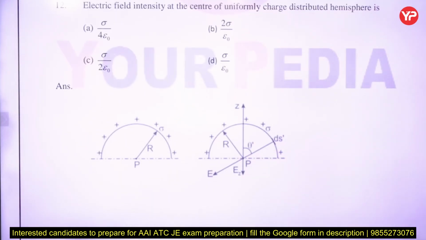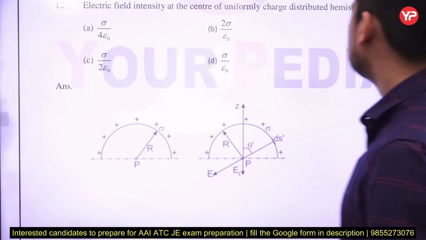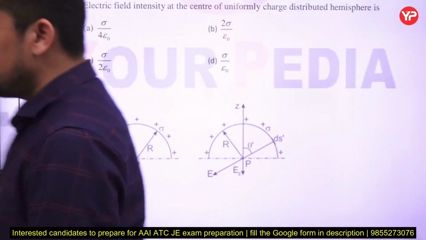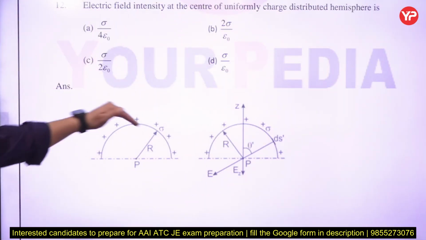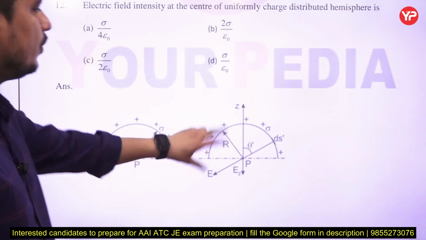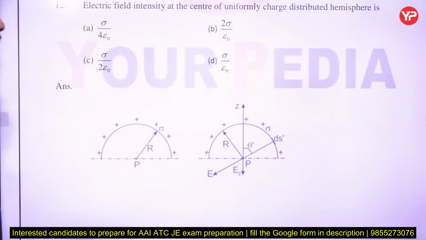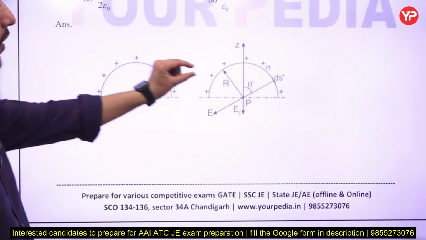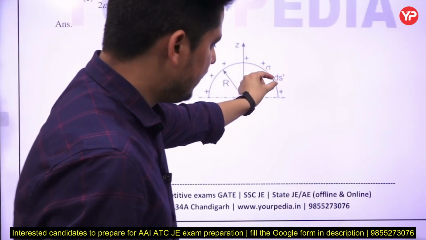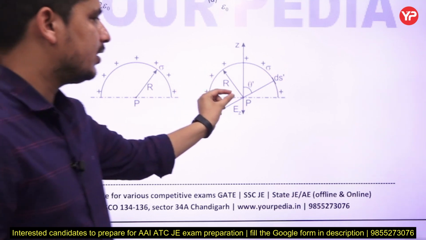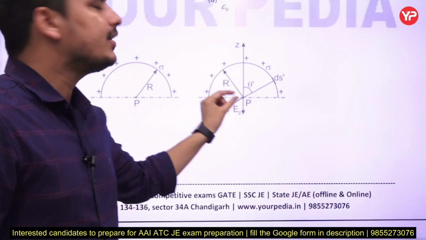Electric field intensity at the center of a uniformly charged hemisphere. Whenever you have a hemisphere on which charge is distributed uniformly, and we have to calculate the electric field intensity at the center, what we can do is choose a small length ds and calculate the electric field due to that length ds at the center.